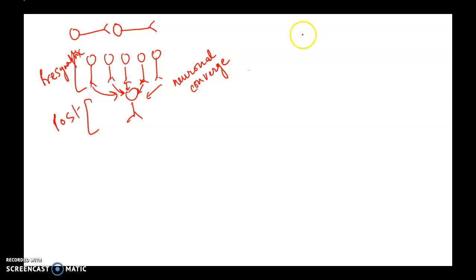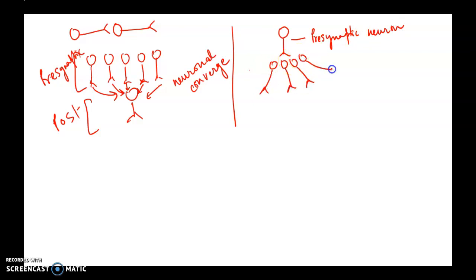Now, on the other hand, we can have one presynaptic neuron. So this is a presynaptic neuron. And one presynaptic neuron can actually talk to many postsynaptic neurons. And these are the postsynaptic neurons. And this is an example of neuronal divergence.